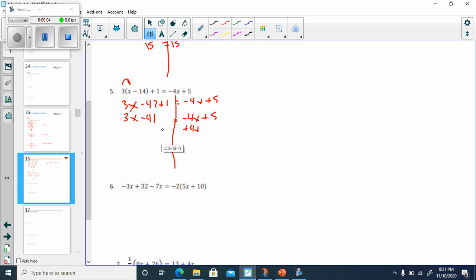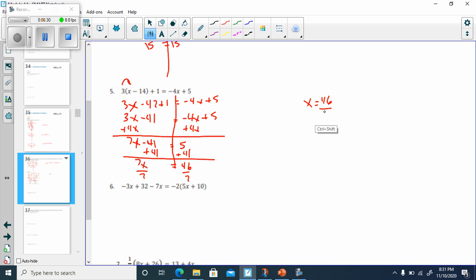So let's add 4x to both sides. And I've now got 7x minus 41 is equal to 5. Let's add 41 to both sides. 7x is equal to 46. Divide both sides by 7, and x is equal to 46 sevenths. I don't need to simplify it.